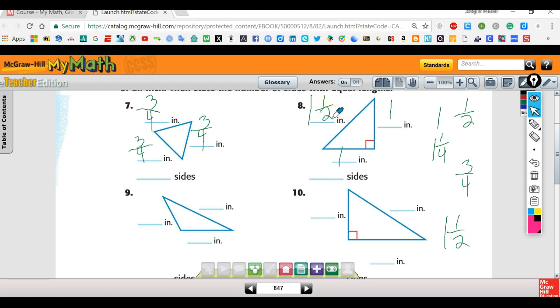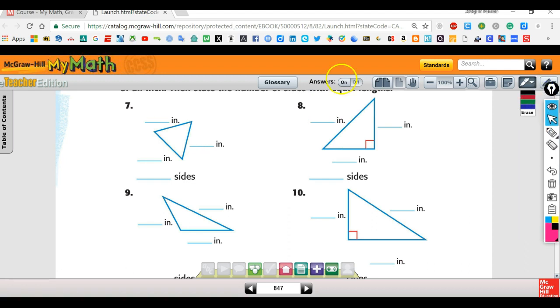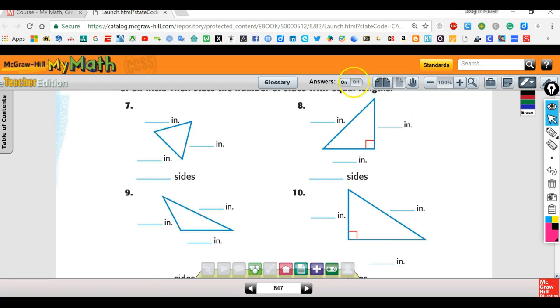We need to approximate about 1.5. So if I do this, see, it's about 1.5. Okay. And then 8 and 10 are right angles. 1.5, not 1/6.